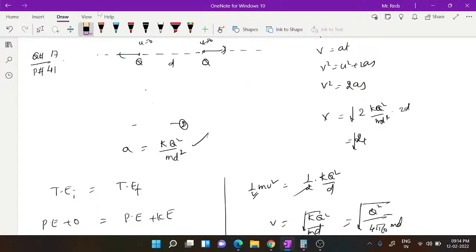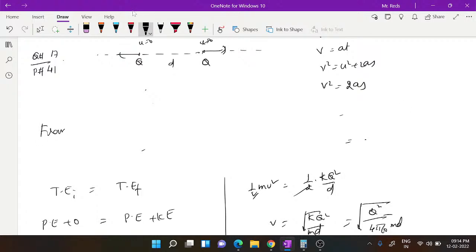Find the total energy in the initial part by using the law of conservation of energy, for question number 17, page number 41.